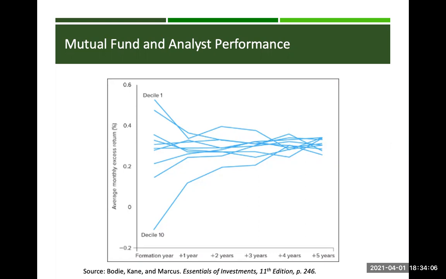Some other ones, Dimensional Fund Advisors, DFA. They also have a presence here in Charlotte that I think is growing. The founder of DFA, his name is David Booth, as in the Booth School of Business, the University of Chicago. They have an interesting philosophy.